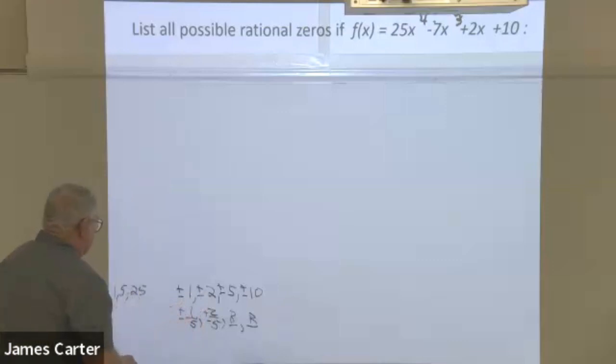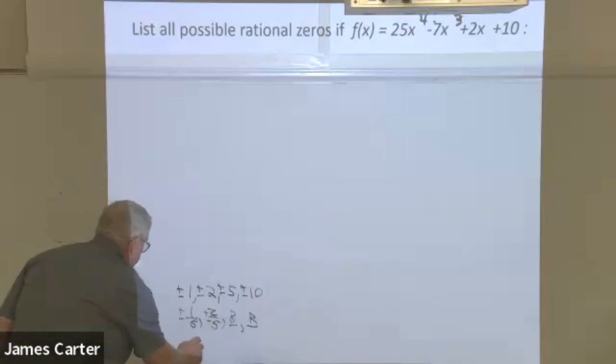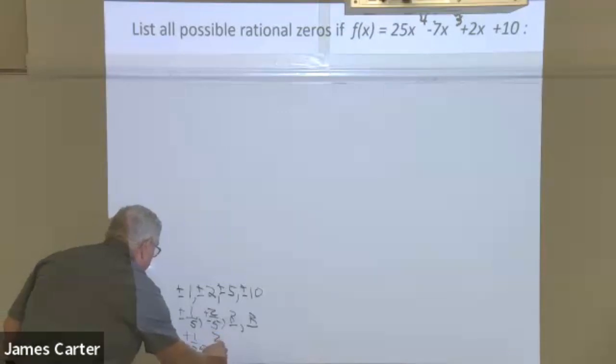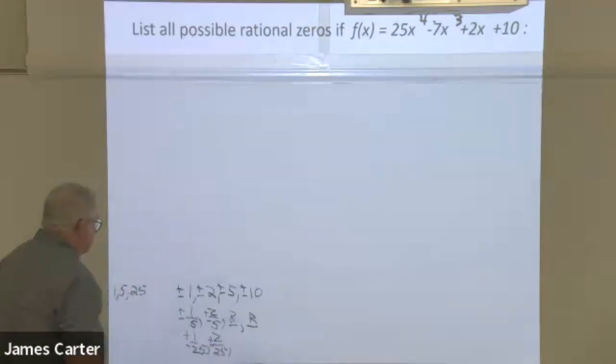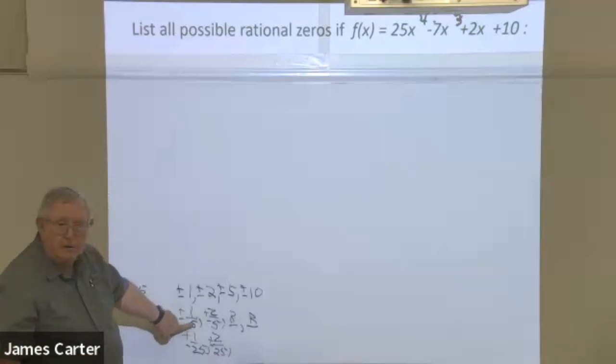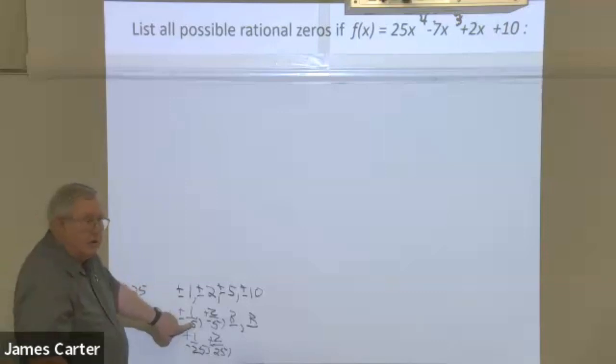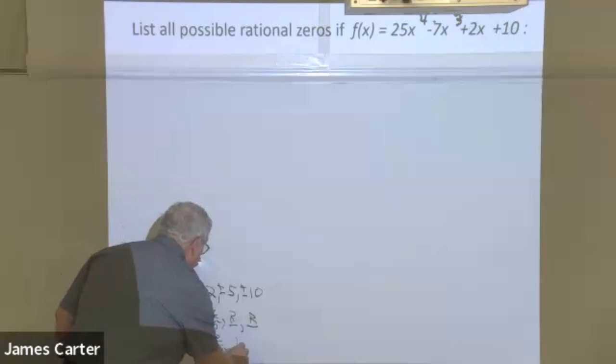Okay, now we got to do the 25ths. 1 over 25, 2 over 25, plus or minus 5 over 25 reduces to 1/5. So this one reduces.